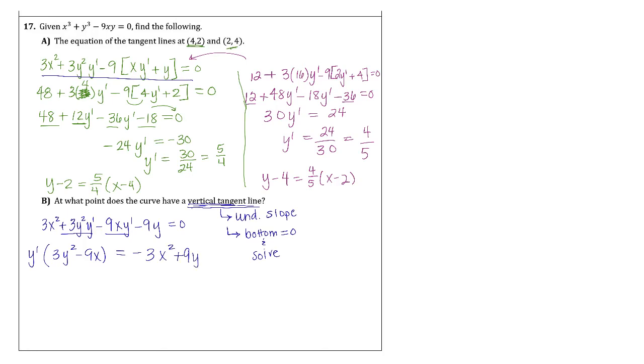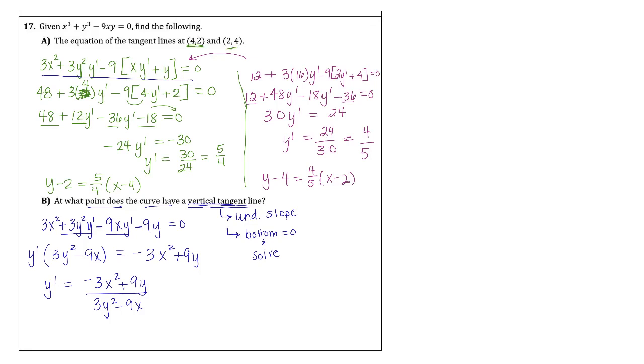And then we're going to divide both sides, and we're going to have negative 3x squared plus 9y, and all of that is over 3y squared minus 9x.